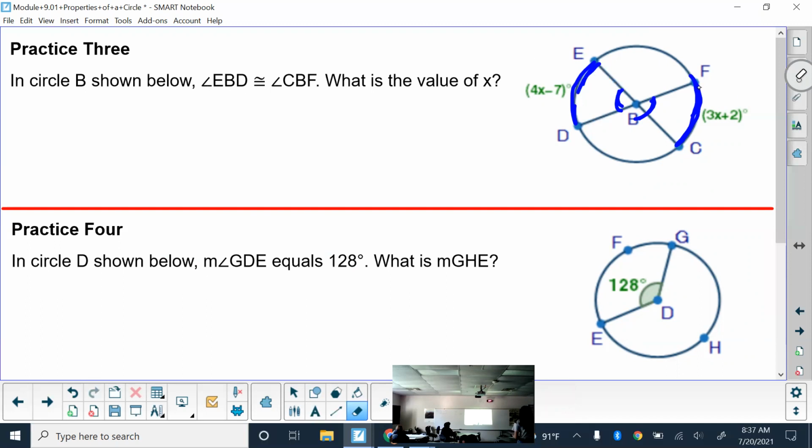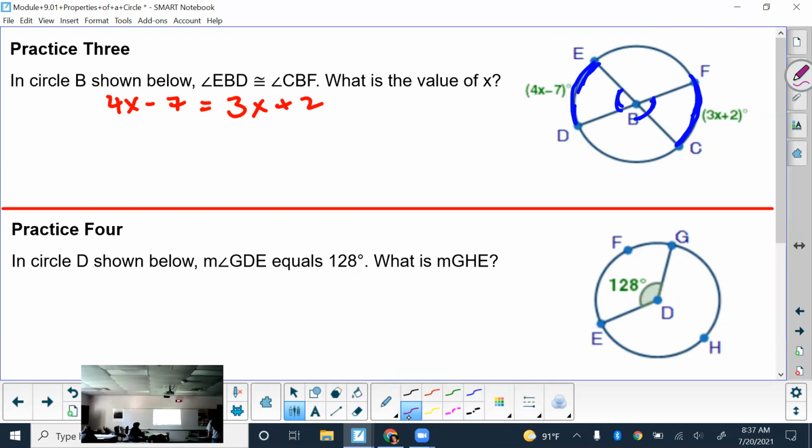They told us the angles are congruent in the problem. Over here, they didn't give us exact measures, so they're going to make us solve for it. This is the measure of one of the arcs, and if it's congruent, that means it's equal to the other arc, which is measured as 3x plus 2. Anyone confused how or why we set it up that way? Since they're equal to each other, there's only one variable to solve for. We can solve for x.